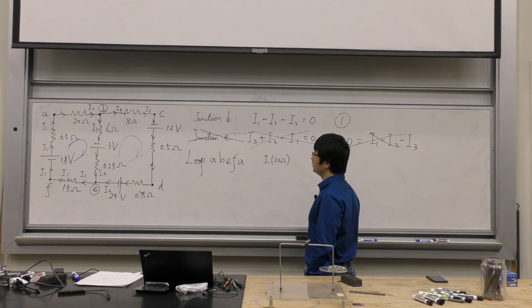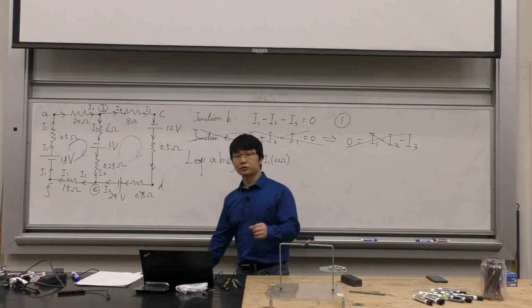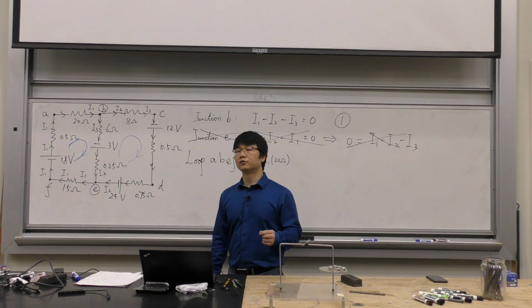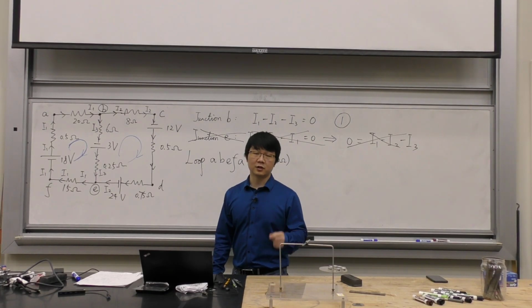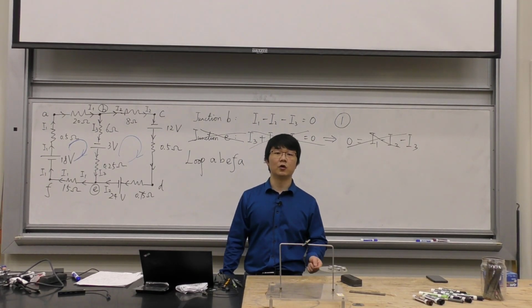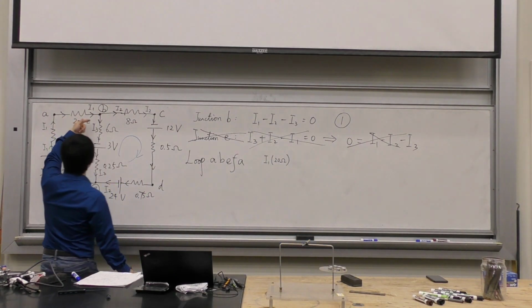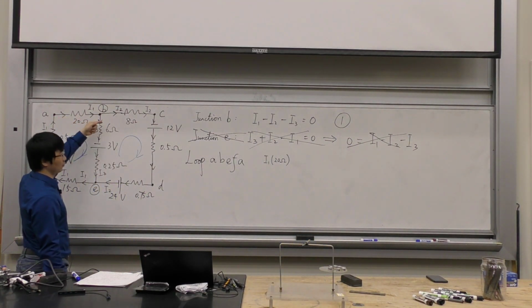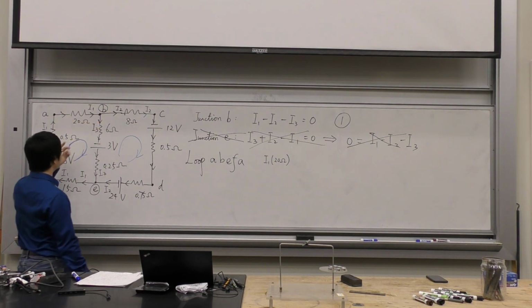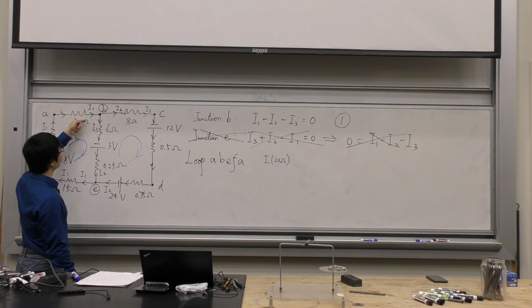Now, what about the sign? For a resistor, remember what we said, you need to take a look at the direction of the current. The current always goes downhill, okay? So the current is going this way, so that means this is downhill. This is lower potential. I'm also traveling this way, see? So I'm going with the current when I see this resistor. So I'm going downhill with this resistor, with the current.